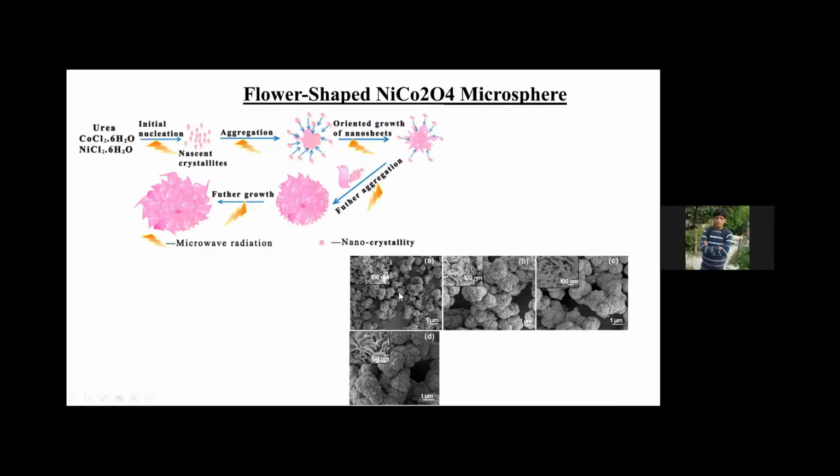We might get another crystal or other morphology. This is the beauty of hydrothermal: we can get many types of nanocomposites and nanomaterials just by changing the precursor materials or the conditions, temperature and pressure.